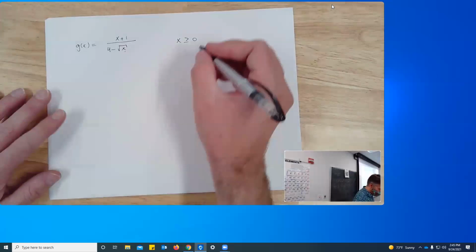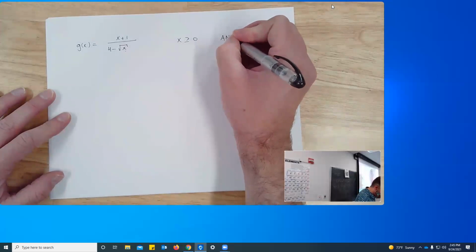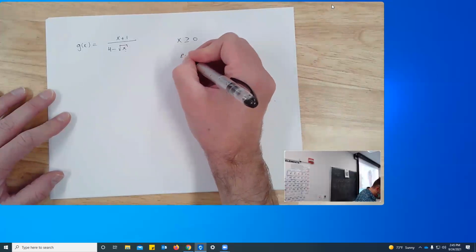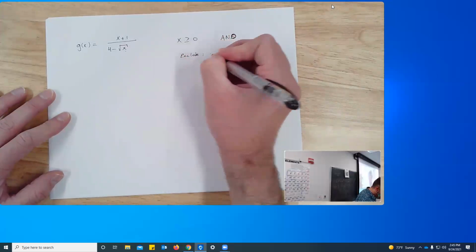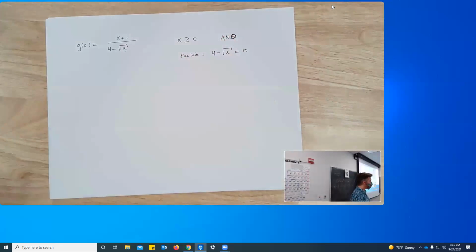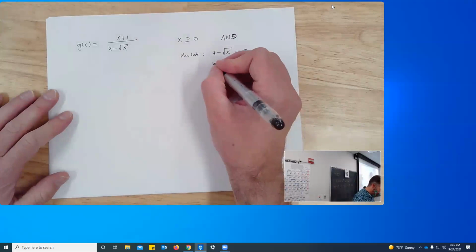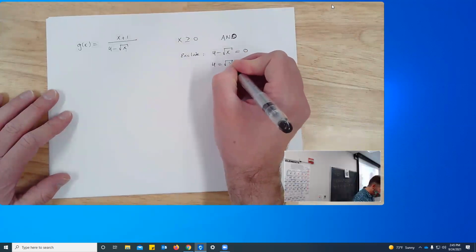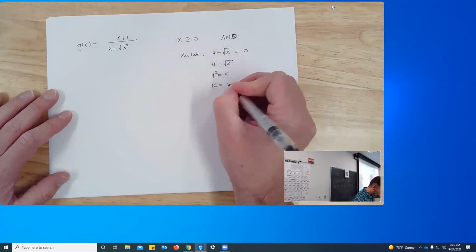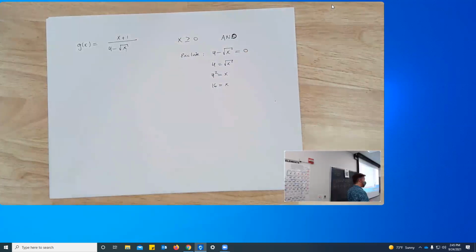So we have to exclude where the denominator is equal to 0. And that's going to be when x is 16. Right? If we solve for x, 4 equals the square root of x, and you square both sides. So our domain here is x has to be bigger than or equal to 0, except it can't be 16.